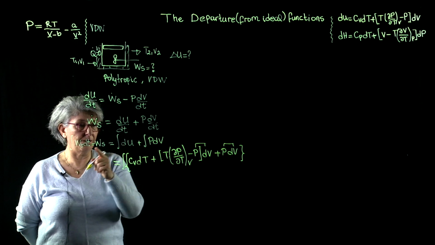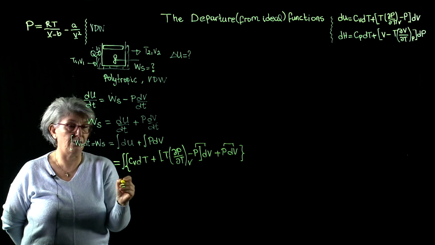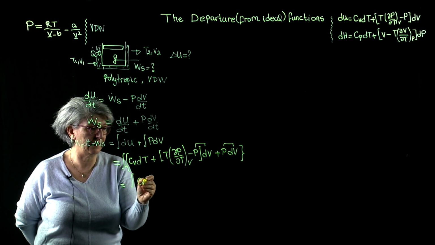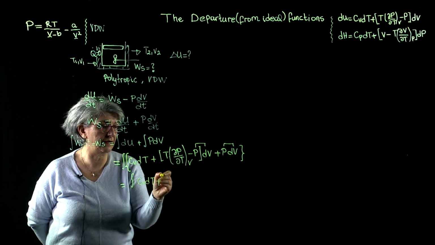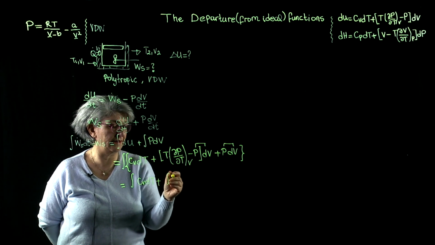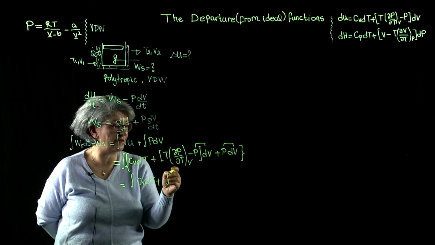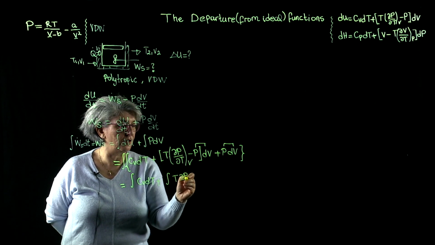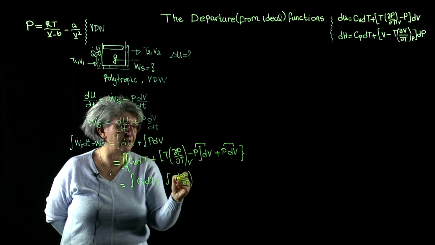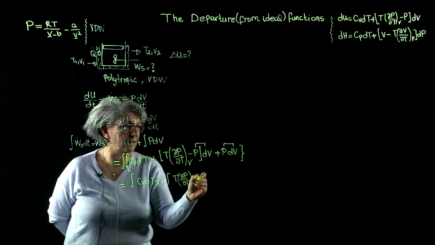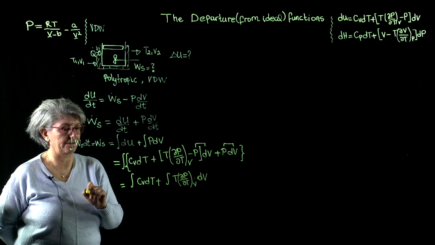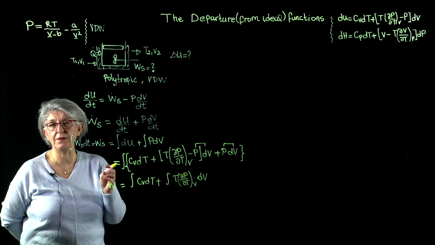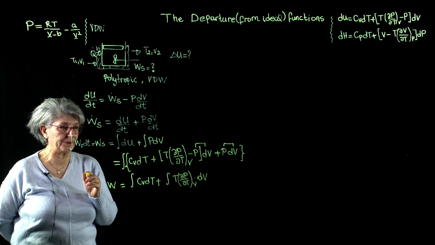As a result, my integral, or my shaft work, is going to be equal to integral CV dt plus integral, now I'm going to separate the integral, you will understand why in a moment, T del P over del T at constant V times dV. So this is going to be the expression that will allow me to estimate the shaft work.